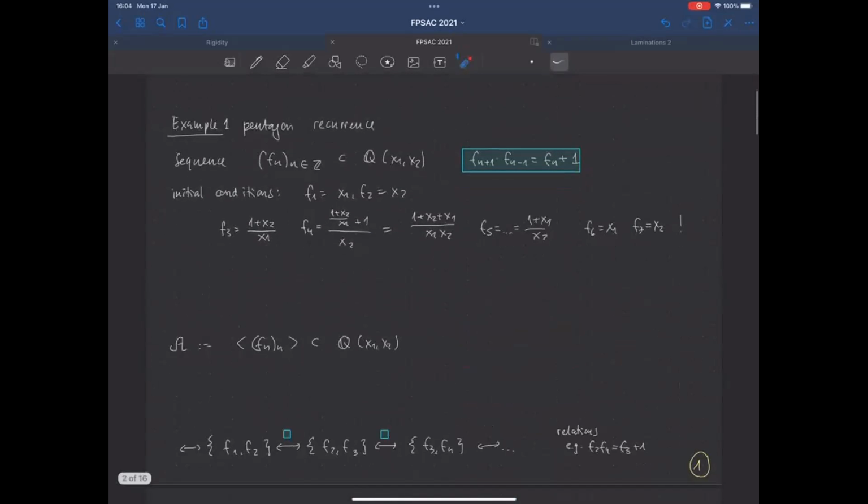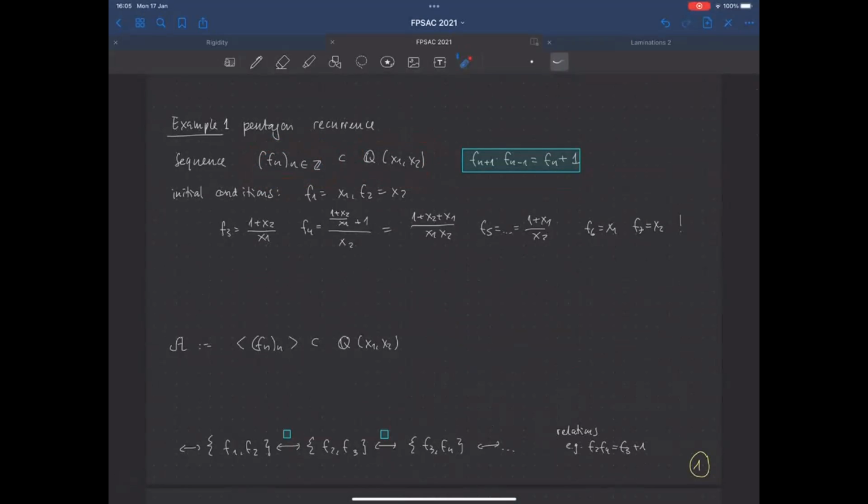So let me start by giving two examples. The first one is a classical one, the pentagon recurrence, which had been studied already by Abel and Spence and Hill and Lynes. So you have a recurrence which has elements Fn, which are again fractions in two variables, x1, x2.